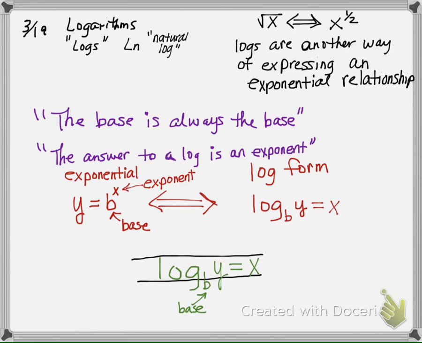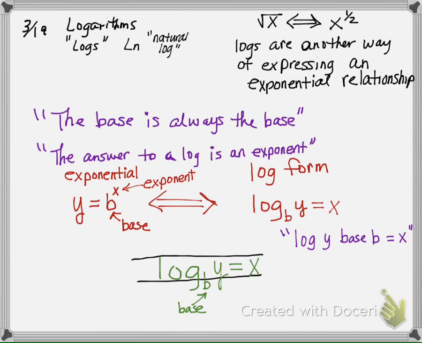How do we read this in log form? What do you say? This is always fun. All right, what do you say? This is log y base b equals x. So that's the words you say.